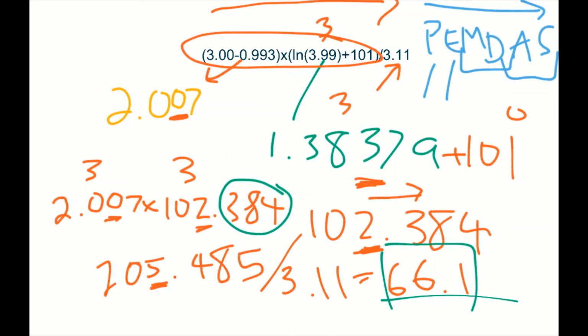So instead, we round off all the way at the end in order to be more accurate. And when we round off at the end, we are still following the rules of sig figs because we kept track of the sig figs throughout the process.